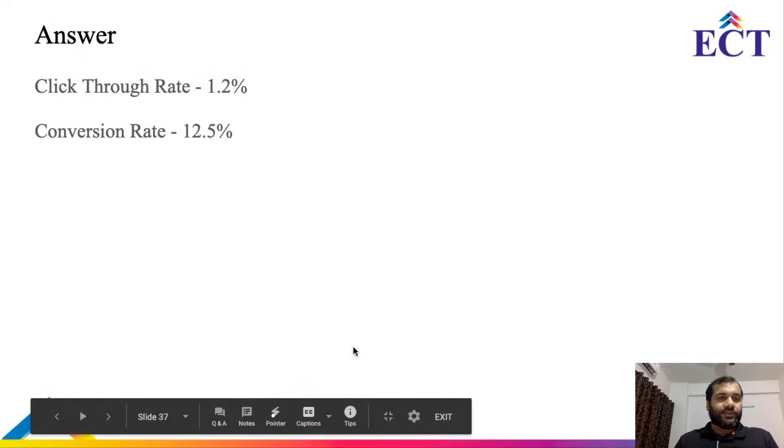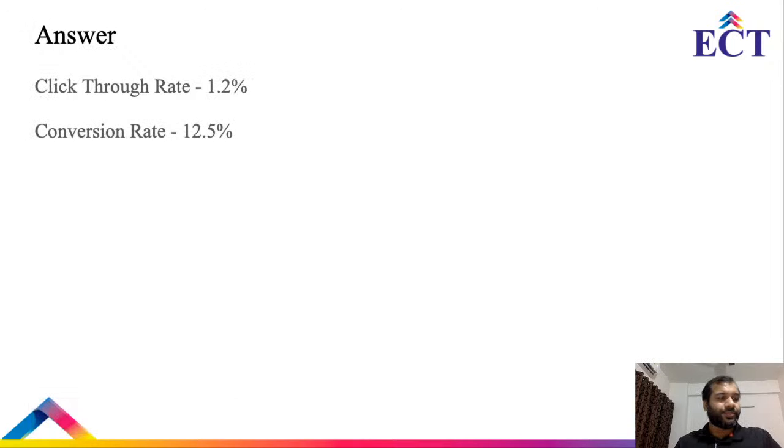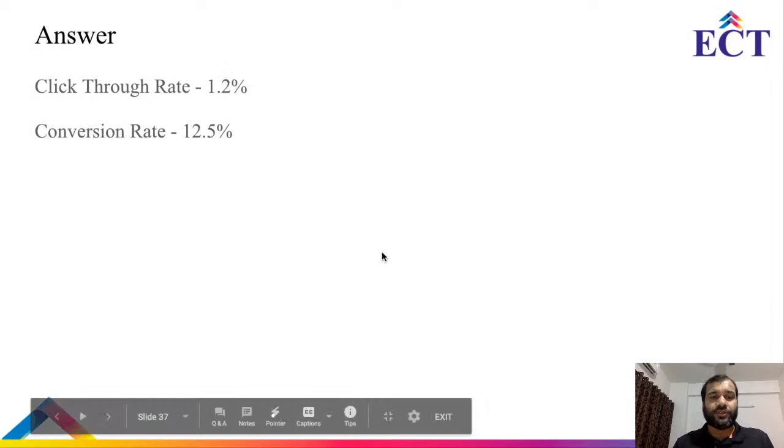So this is the answer for that. If you need more practice questions on this, do let me know. And with this, we will end the session now. Please tell me if you have any questions. I'm here to answer your questions now.